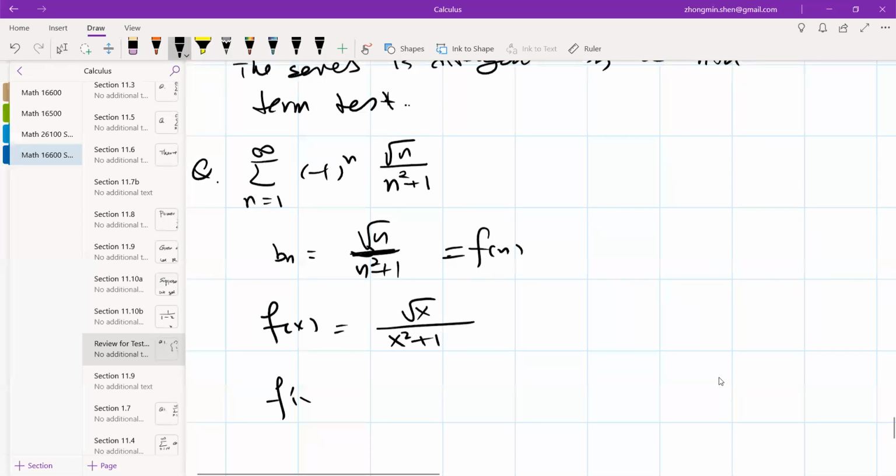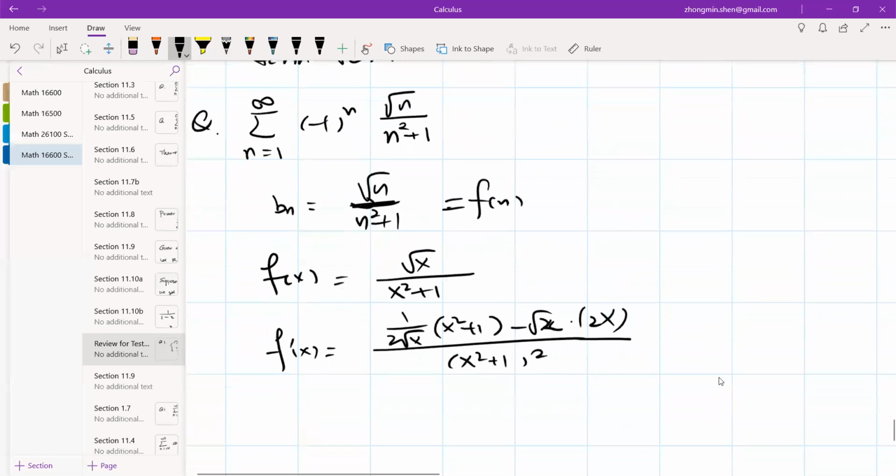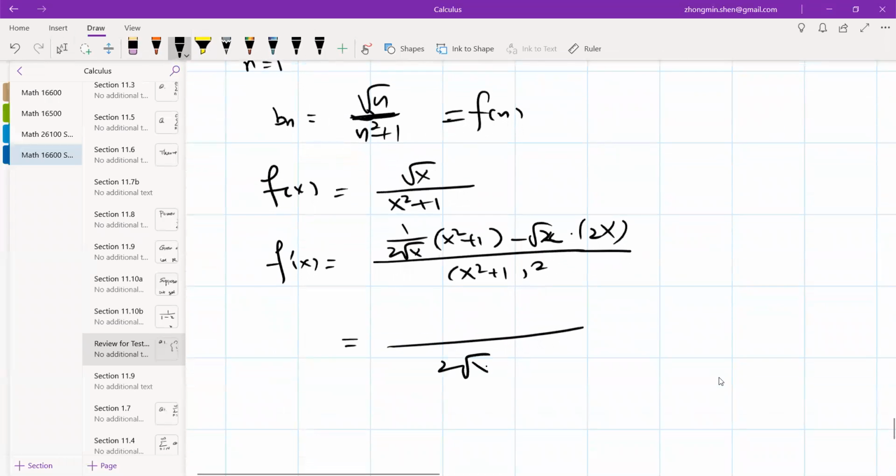So the derivative of this function works, but it takes a little bit more time. The derivative of square root of x is this, minus square root of x times the derivative of x squared plus 1. So let's move 2 square root of x to the denominator.